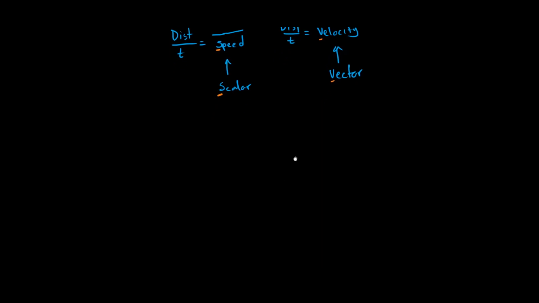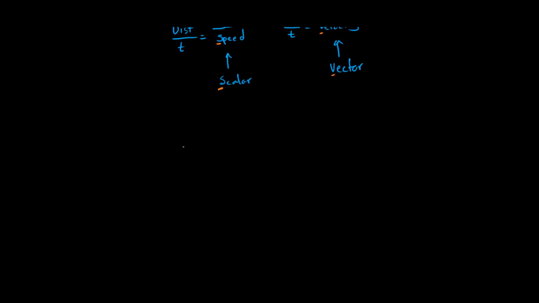So that's one way you can memorize which one's a speed and which one is a vector. Okay, now let's try some examples. So if we go back to that circle problem I did in the last video, let's say I still have my circle with a radius of 2 meters, and I start over here, and then I go around the circle in 2 seconds.